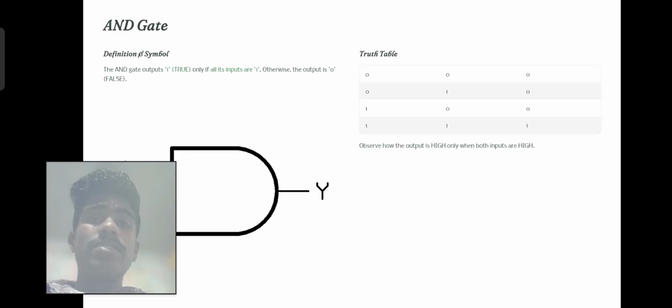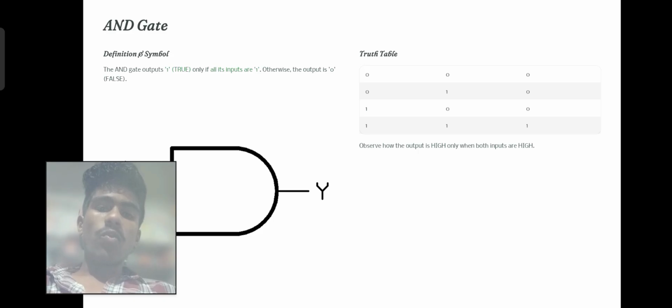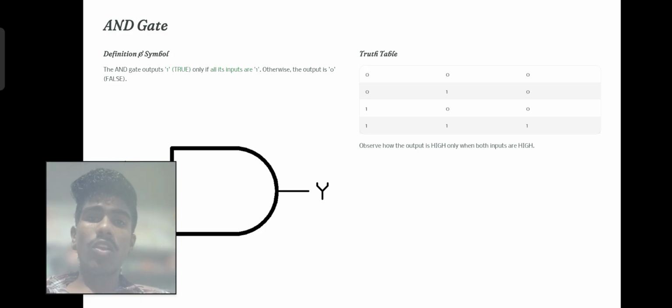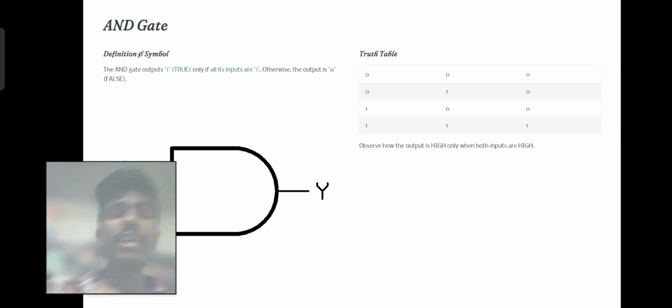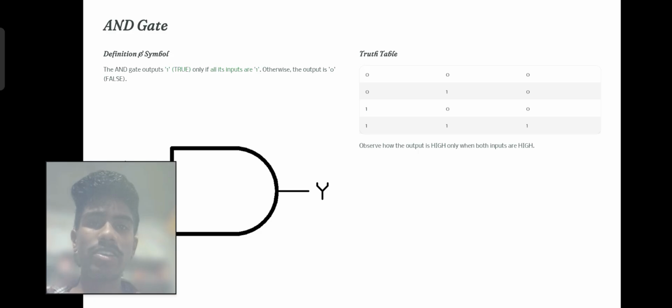AND gate. The AND gate has two or more inputs, but only one output. The output assumes the logic 1 state only when each one of the inputs is at logic 1 state.